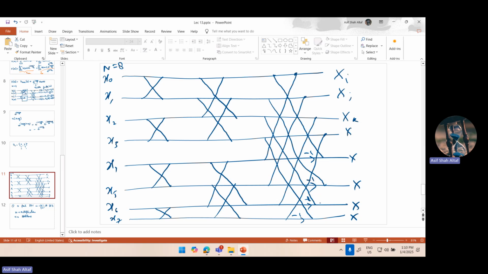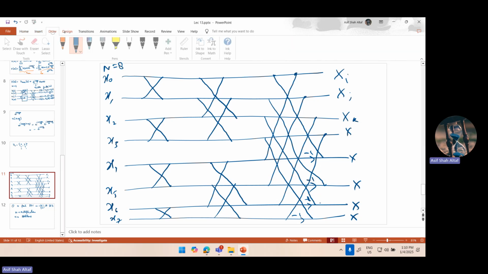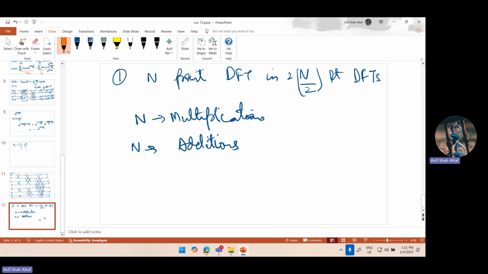For n equal to 8, we have 3 stages: this is the first stage, second stage, third stage. So in general, for an n point DFT, the number of stages is log 2n.